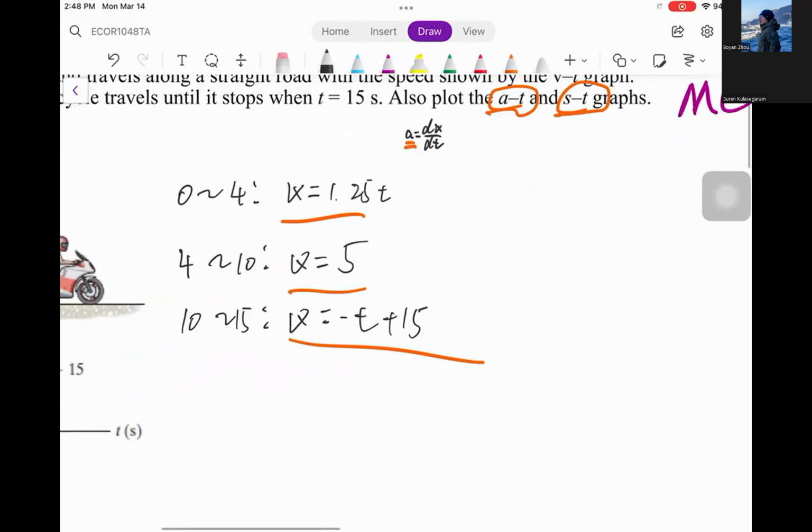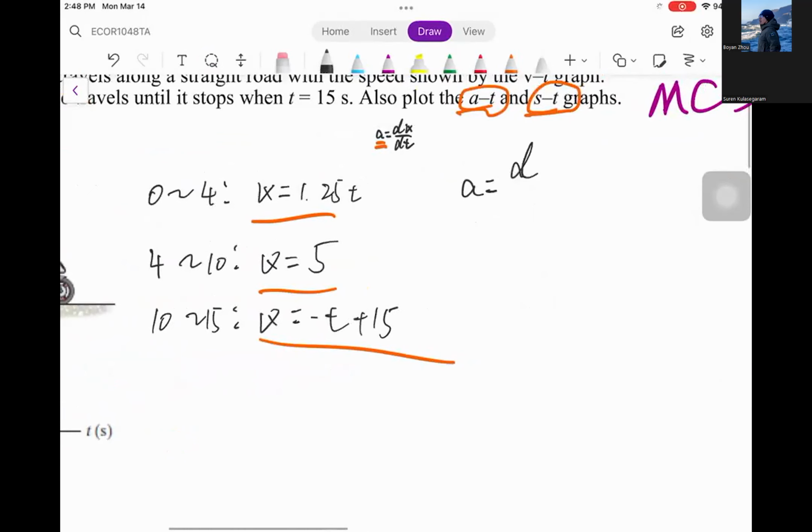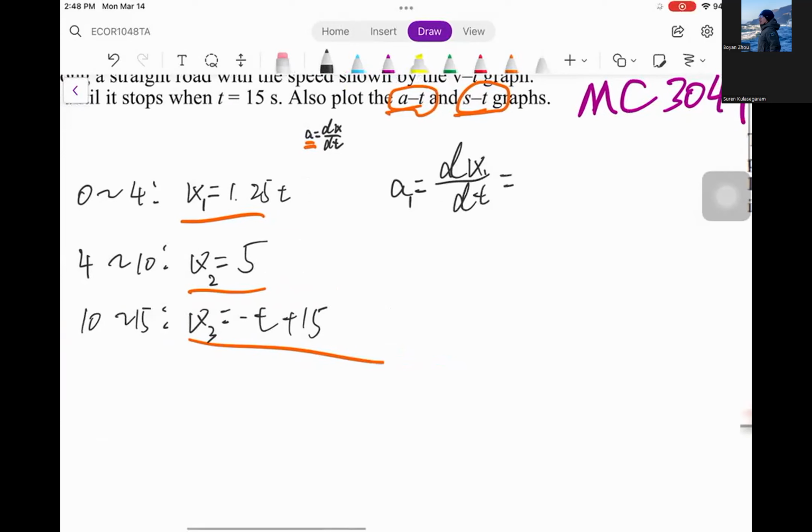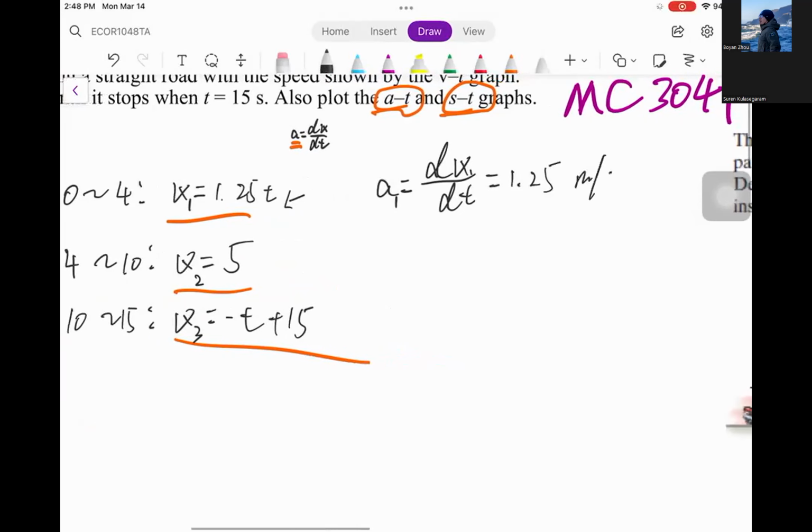So that is for the velocity equation. For the acceleration, we're just taking the derivative of v1, v2, and v3. So the first acceleration function will be dv1 over dt. And here, when you take the derivative over t, it's pretty obvious that it's just going to be 1.25 meters per second squared, and a2.